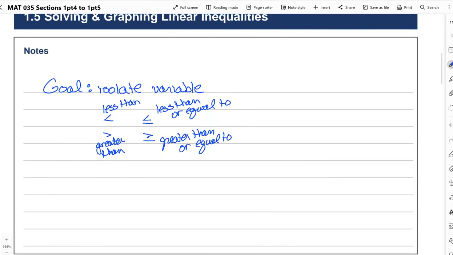So we're going to treat that inequality like a wall. The only difference with that wall, we're still going to do the same thing on both sides, but the only difference happens when we divide or multiply by a negative.